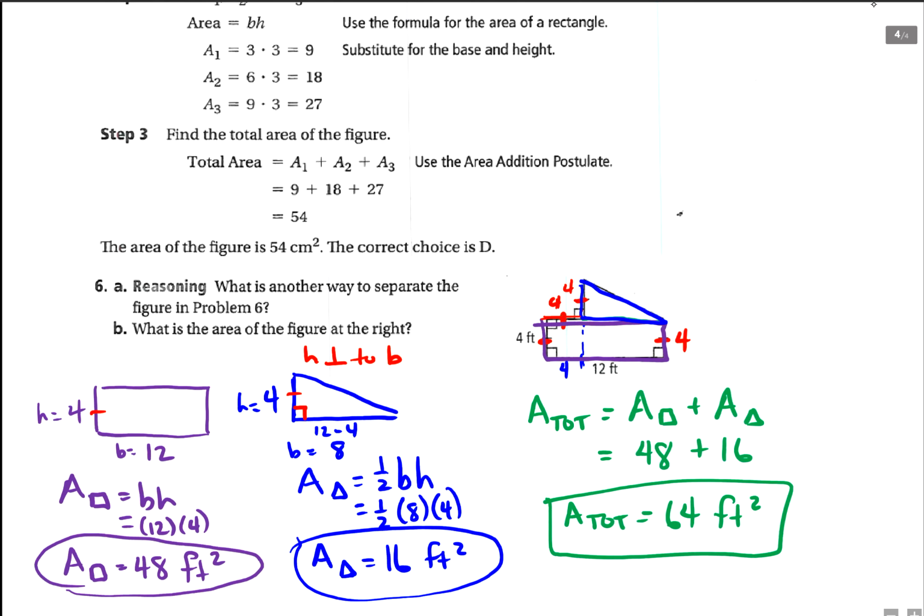The area of a triangle is 1/2 base times height, and I know that height always has to be measured perpendicular to the base, and lucky for us, we have a little symbol showing a right angle. So we know that those are perpendicular.